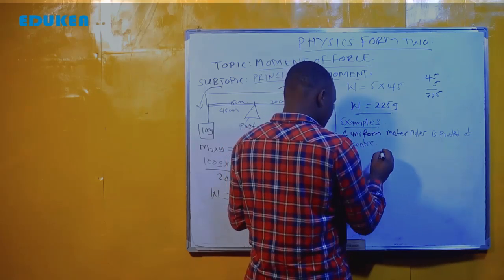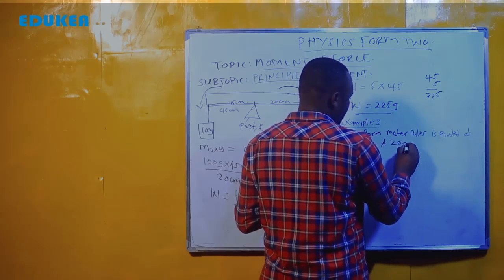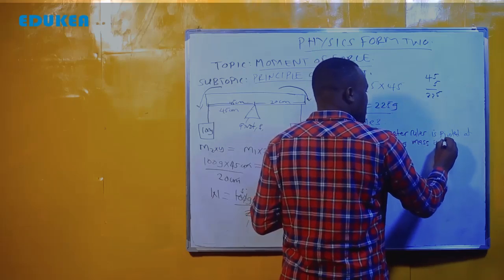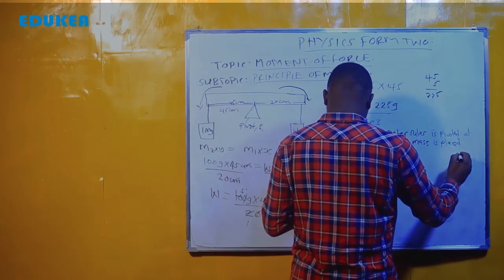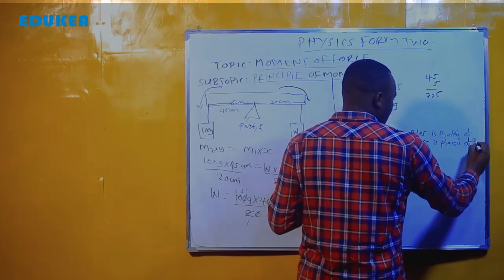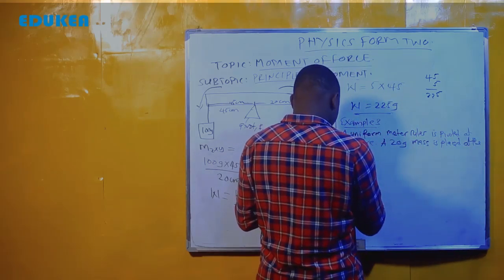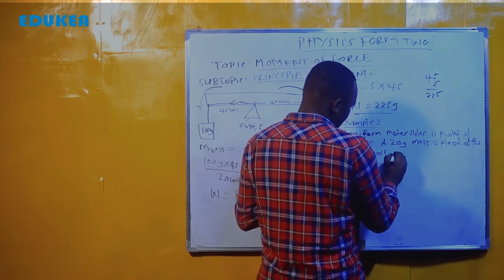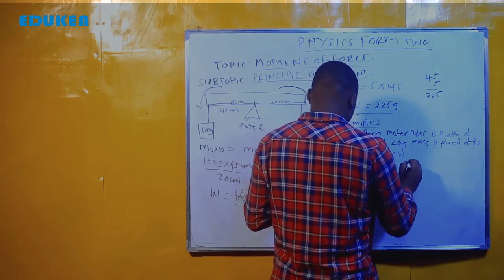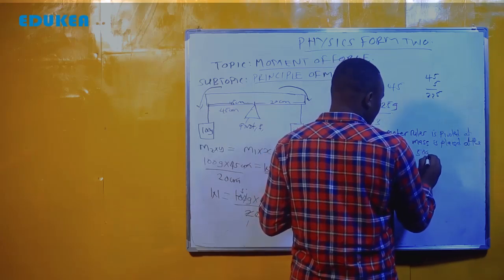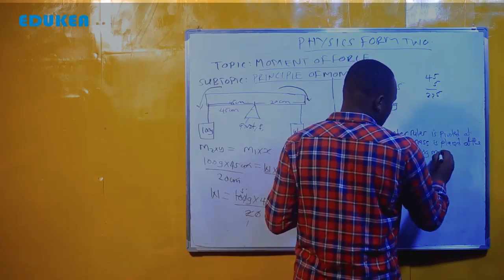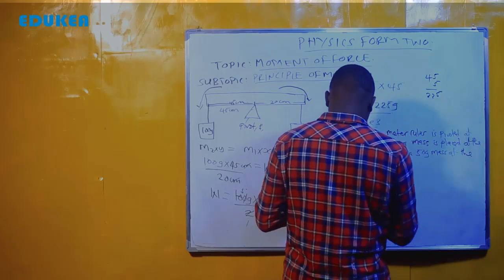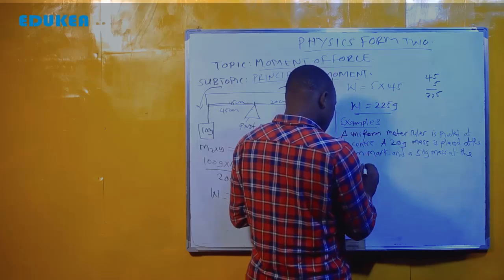A 20 gram mass is placed at the 10 centimeter mark and a 50 gram mass at the 40 centimeter mark.